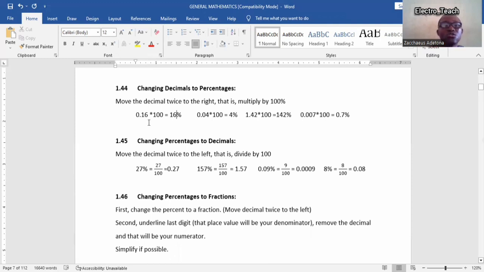Now, if you want to convert it to a fraction, it will be 16 divided by 100, which can be simplified further.